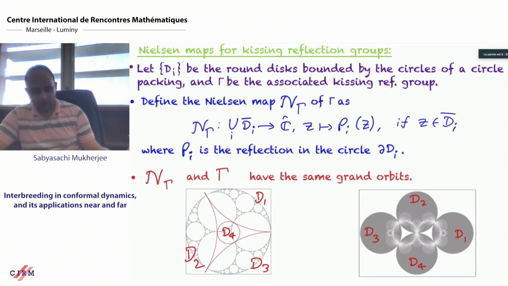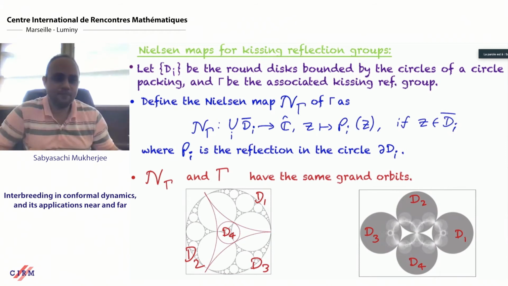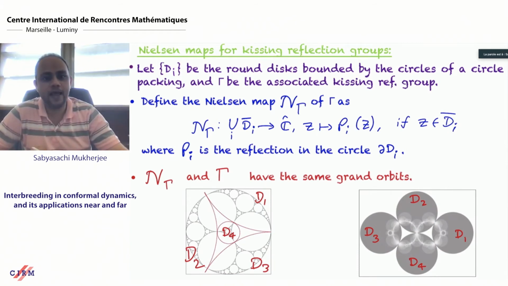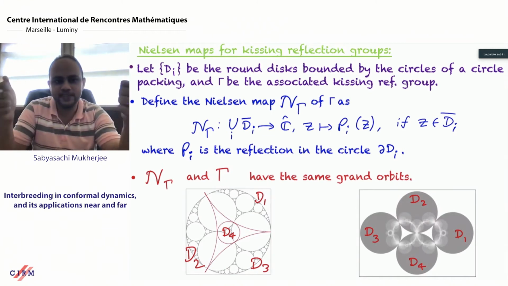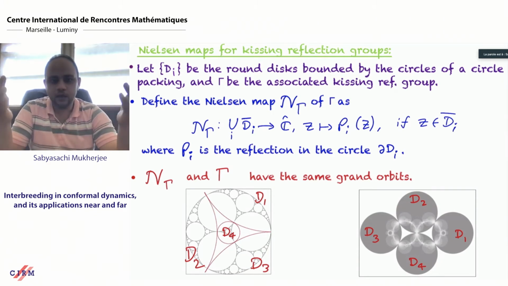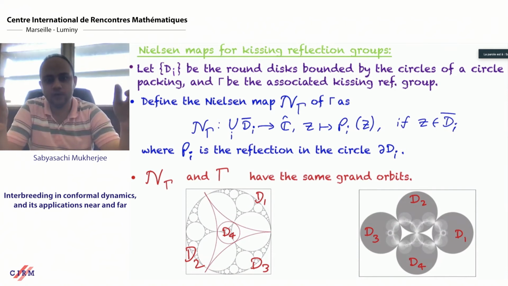What is the advantage of this Nielsen map? The main advantage is that the Nielsen map and the group have the same grand orbits. When you're trying to combine a group with a polynomial, you have this mismatch of group dynamics on one side and semi-group dynamics on the other side. As we know from the Bullett-Penrose or Bullett-Lomonaco work, if you really want to glue these things without killing the group behavior at all, what you need to be working with is a correspondence.